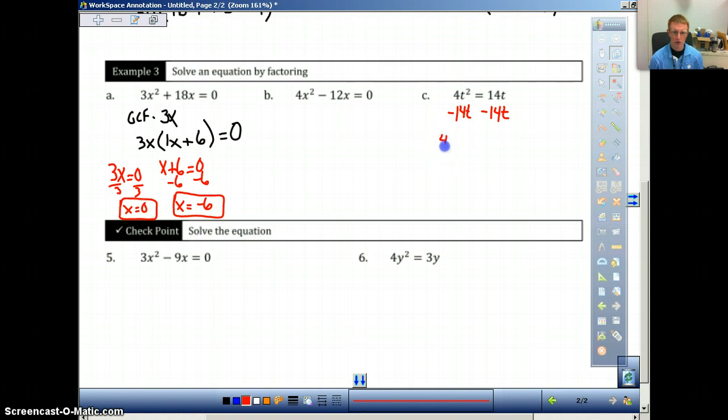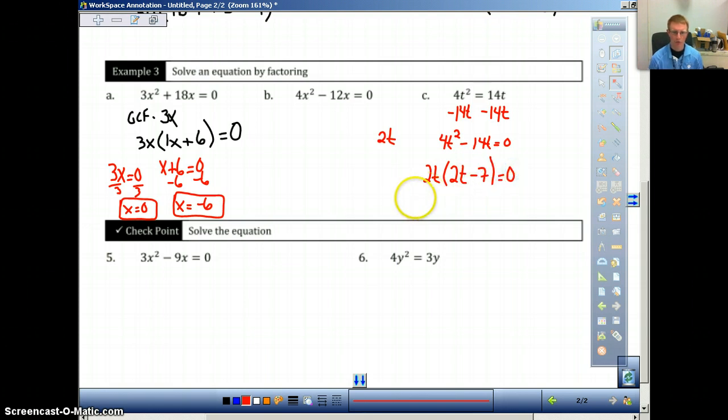So that will just look like 4t squared minus 14t equals 0. And then we're just solving this equation by factoring. Greatest common factor here is going to be 2t. So we'll have 2t on the outside. We'll have 2t minus 7 on the inside.